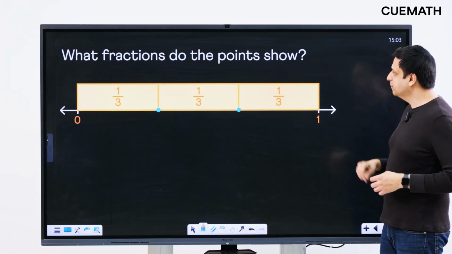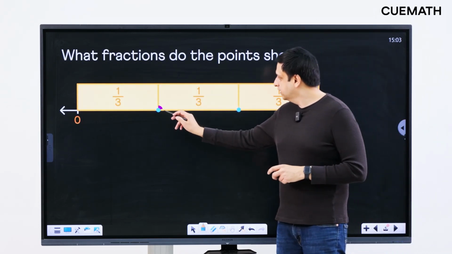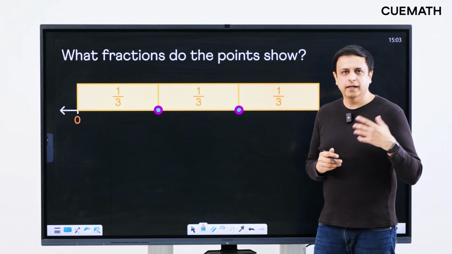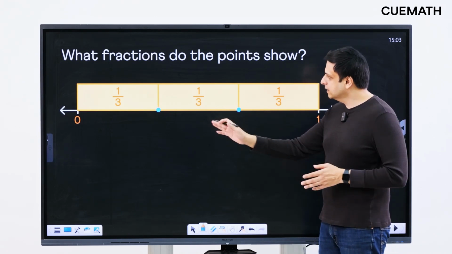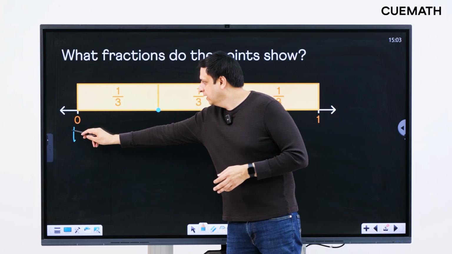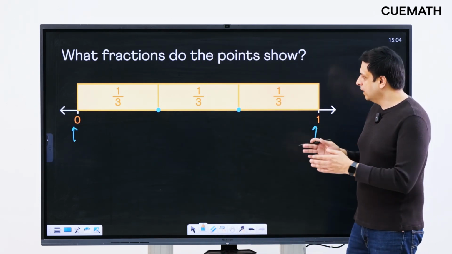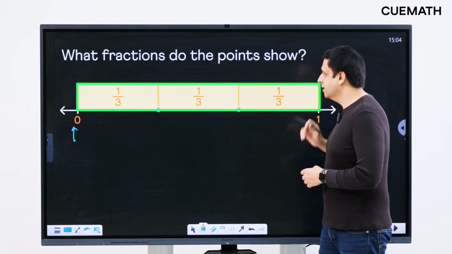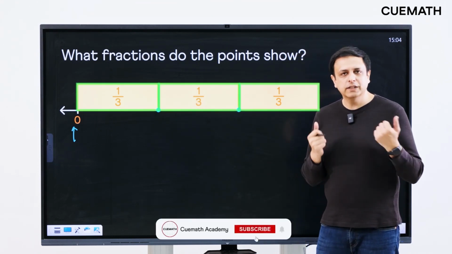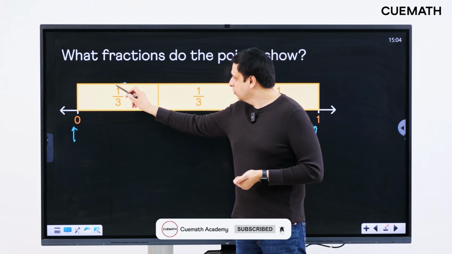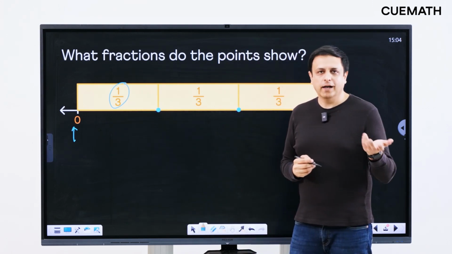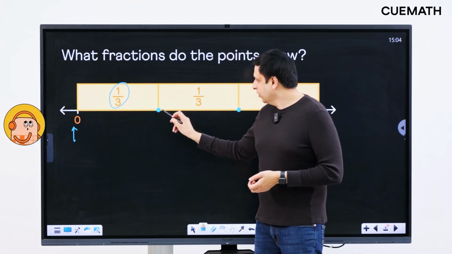Now if you look at this picture here, what do you think these points will be in terms of fractions? So the distance from 0, 0 is at this end, to 1, 1 is at this end. The distance from 0 to 1 has been covered by this bar that has now been divided into three equal parts, and each of those equal parts is the fraction 1 over 3. So what do you think this point will be?